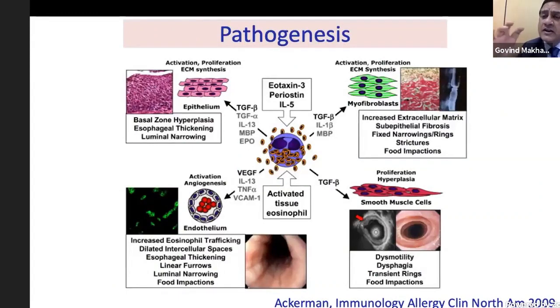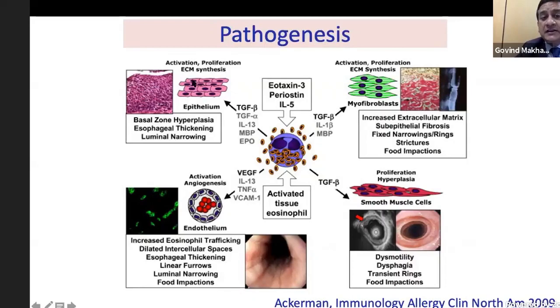So if you look at what really happens in tissue, once the eosinophils are there, eosinophils secrete a lot of cytokines, and these cytokines lead to multiple functions, and that ultimately leads to damage to esophageal mucosa. Coming first, TGF-beta will lead to proliferation and hyperplasia of esophageal muscle cells. That leads to smooth muscle hypertrophy, which adds to stricture formation and dysmotility.